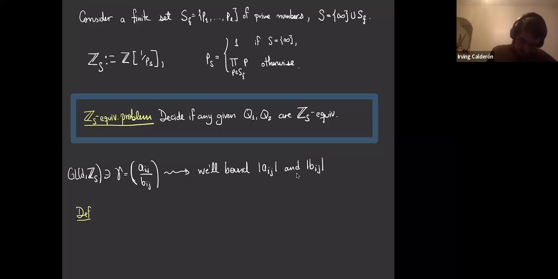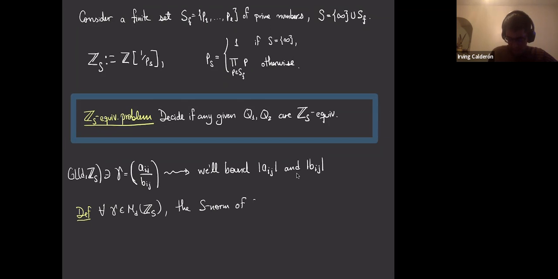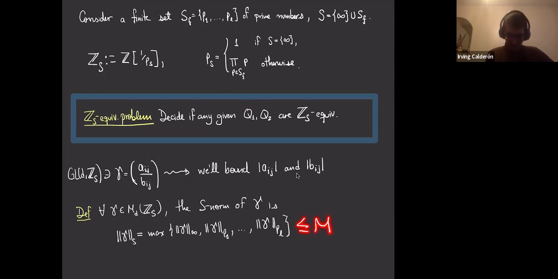In order to do that, I will say that for any gamma, a matrix with coefficients in Z_S, the S norm of gamma is simply the maximum of the infinity norm and all the p-adic norms for the primes in S. So giving an upper bound on the S norm of gamma is the same thing as giving an upper bound on the denominators and numerators of the coefficients of gamma.